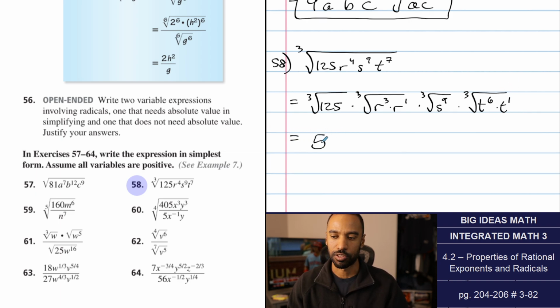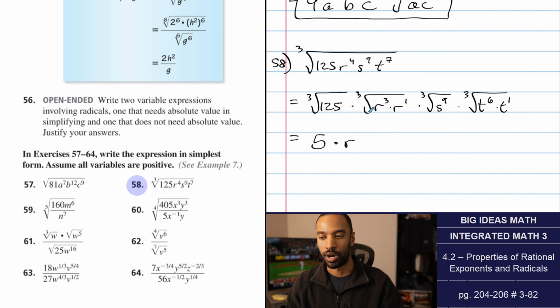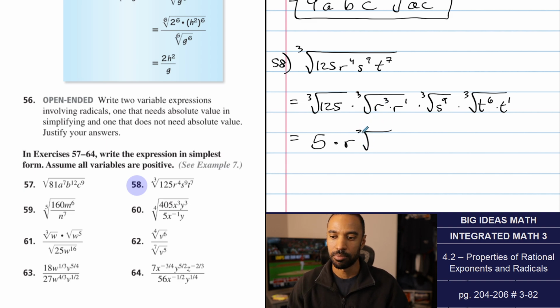Cube root of 125 is 5. Cube root of r cubed, 3 divided by 3 is 1. You just have r. Even if you could do absolute values on these things, we're assuming all variables are positive, so we're not doing any absolute values. Anyway, times the cube root of r.